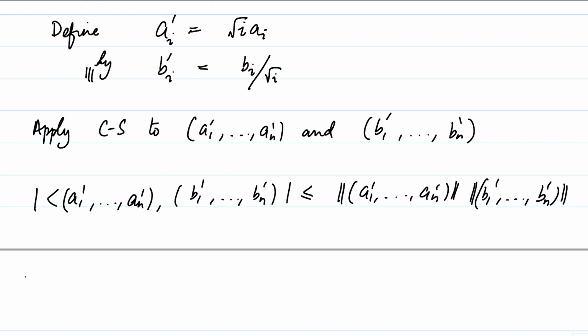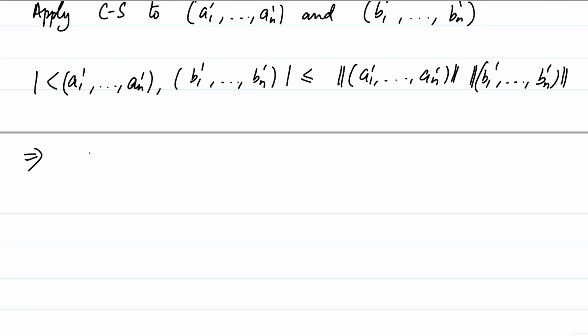The LHS is just a1 prime b1 prime plus a2 prime b2 prime plus up to an prime bn prime, absolute value of this.